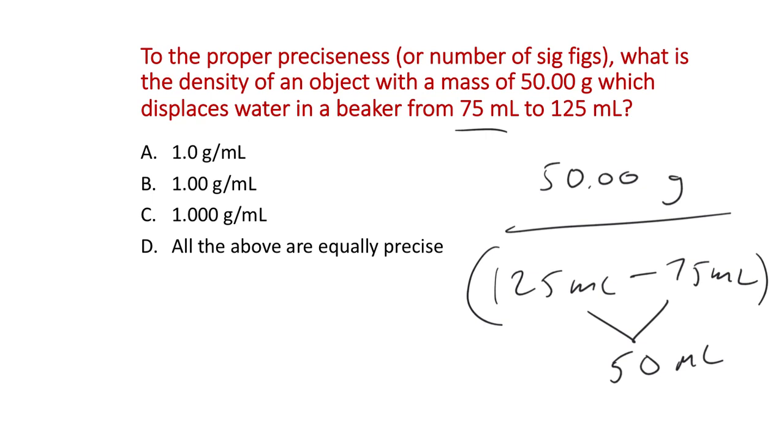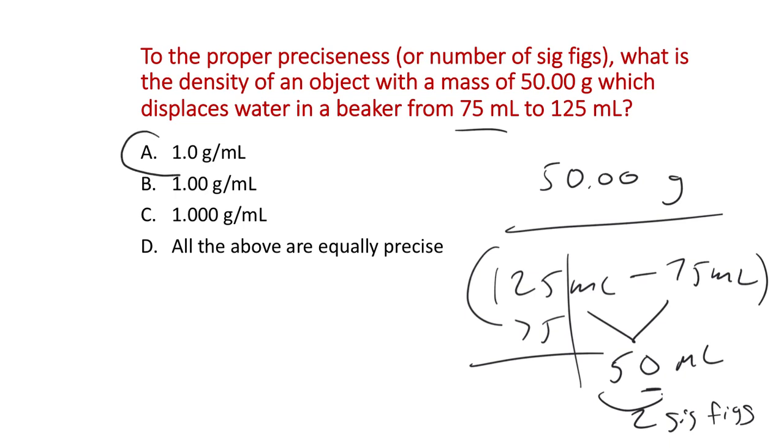But in the context of this problem, when I line up my values, we're significant out to the 0. So this has 2 significant figures. We know it's significant. And then we're going to divide it into 50.00, obviously 4 sig figs. So our result should be rounded to 2 sig figs.